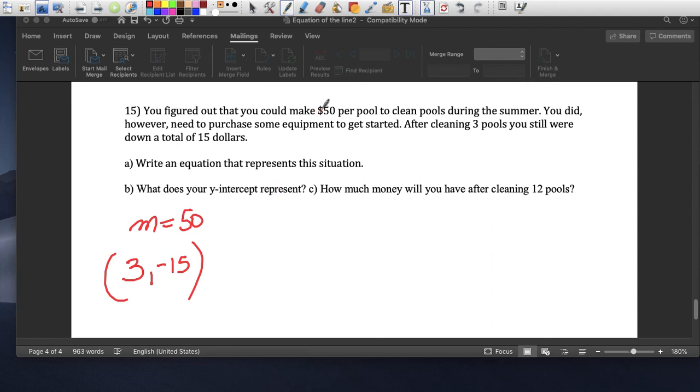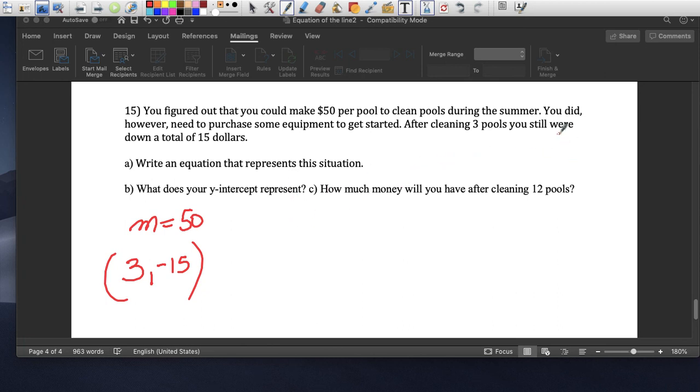So think about this. You make $50 per pool, and you want to get into the business. You need to buy some equipment. So you bought some equipment, and you're charging $50 per pool. After cleaning 3 pools, which means you made $150, you're still down $15. That means whatever equipment you bought cost you more than what you earned from cleaning a little bit more than 3 pools, right?